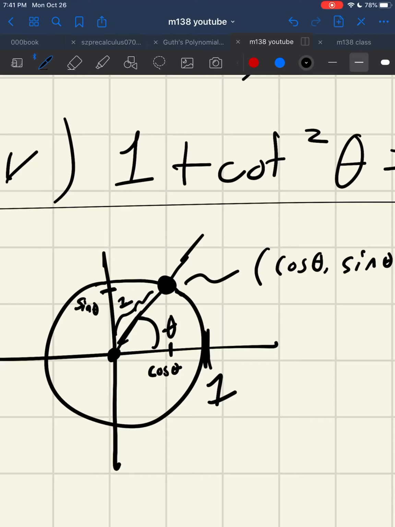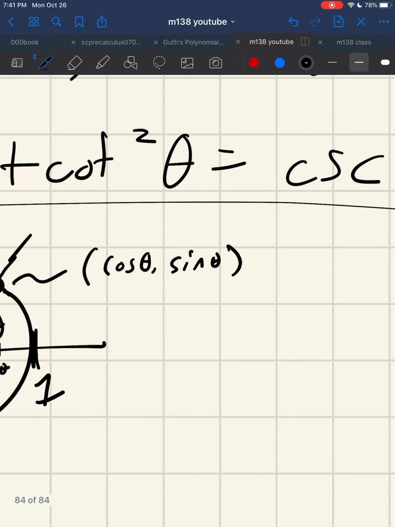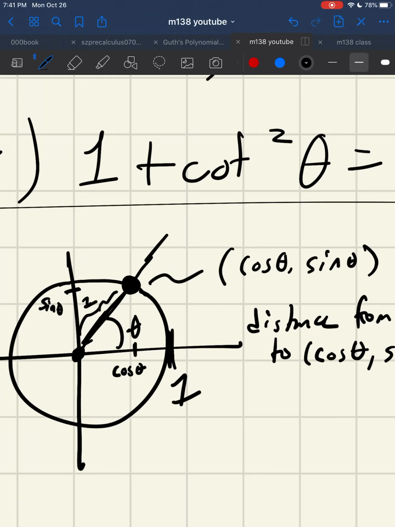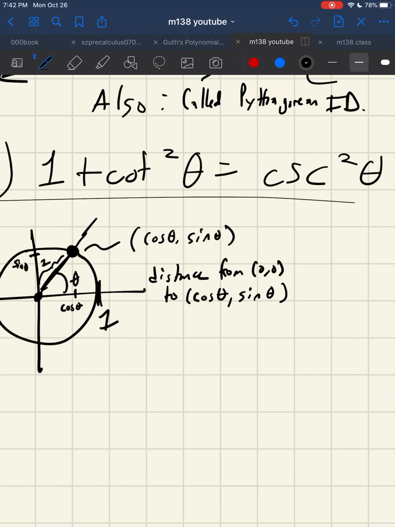What's happening? If I compute the distance from the origin to cosine theta, sine theta, well, what's that distance? On the one hand, I know it's 1 because it's a point on the unit circle. But let's use the distance formula to figure it out.